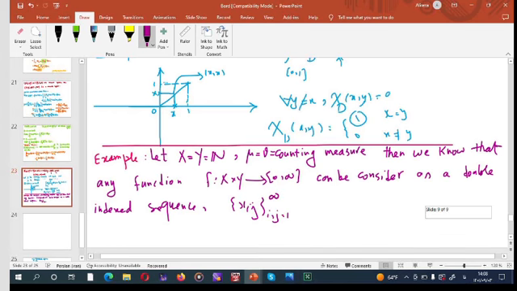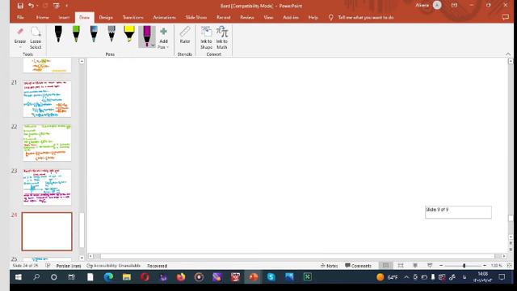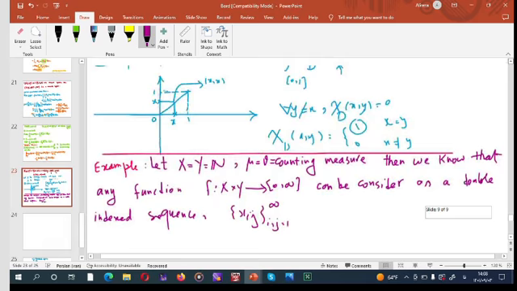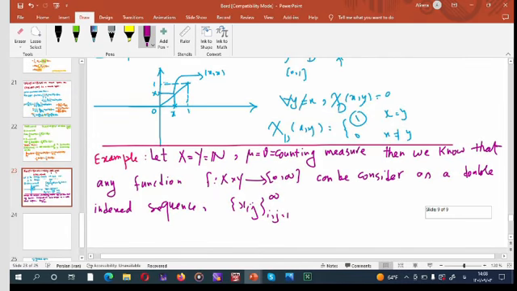i is from 1 to infinity, because f is a function from N times N to [0, infinity].